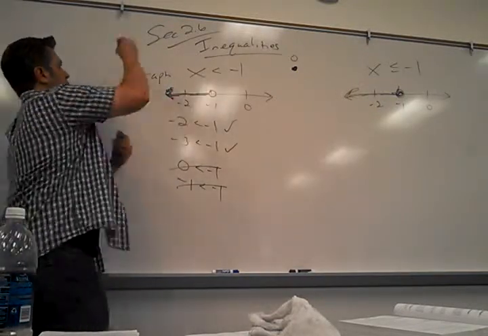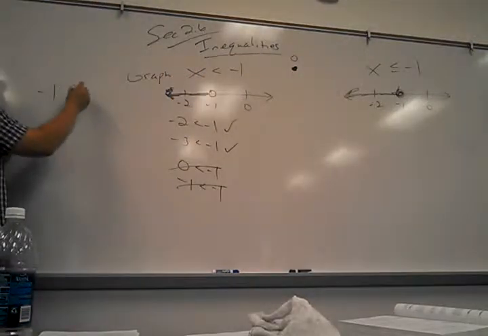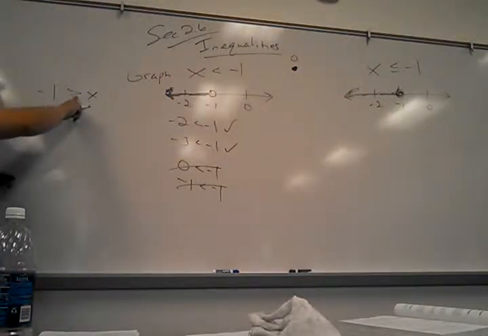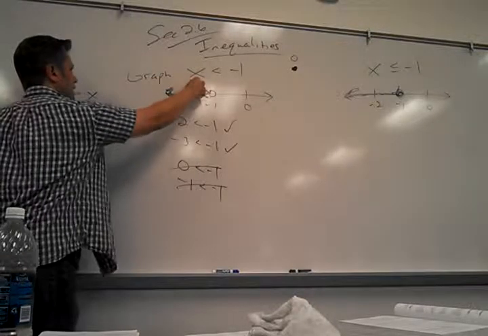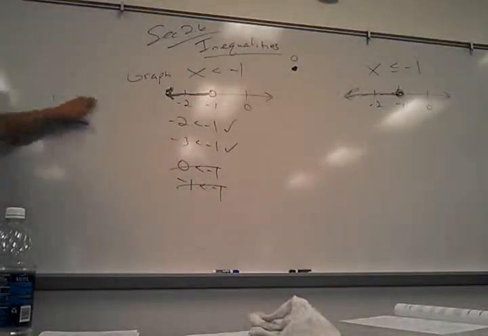If my variable was on the other side, if x is less than -1, then -1 is bigger than x, and you see now it's pointing the wrong way. So if your variable is on this side, that points you in the direction you're going to shade. That's a nice shortcut.